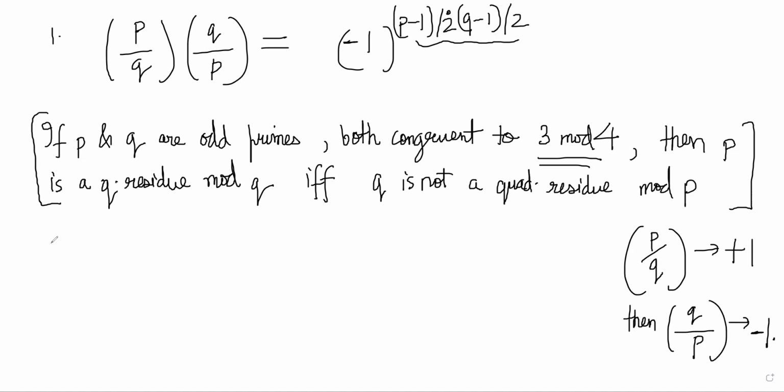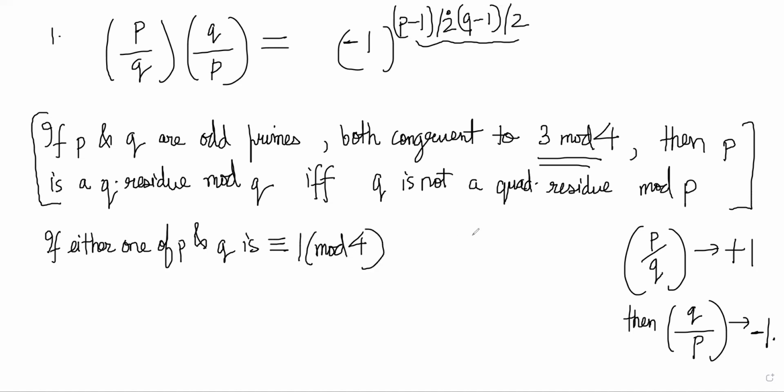And what is the second part of this? If either one of P or Q is congruent to 1 mod 4, right?